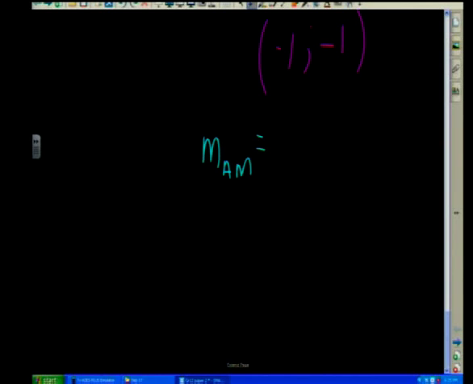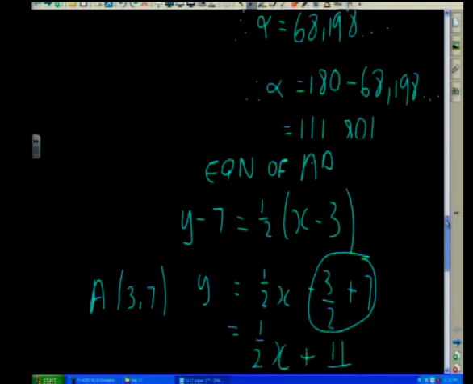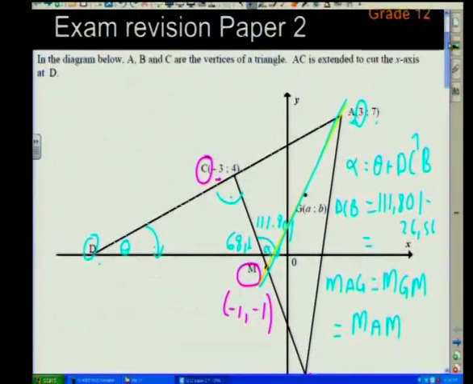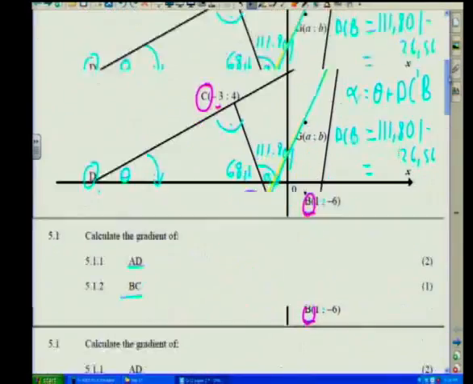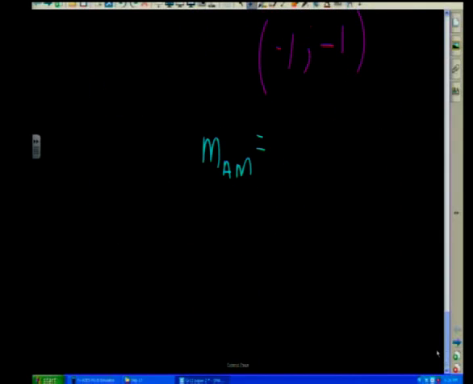The coordinates of A are 3 and 7, and M was minus 1, minus 1. I'm just going to write it down here so we don't have to keep on scrolling.